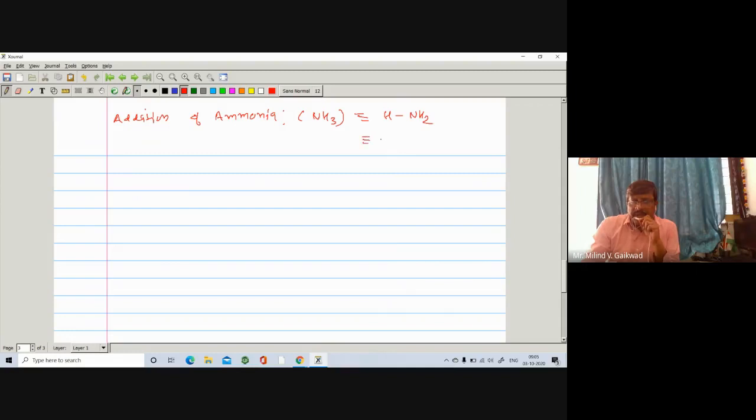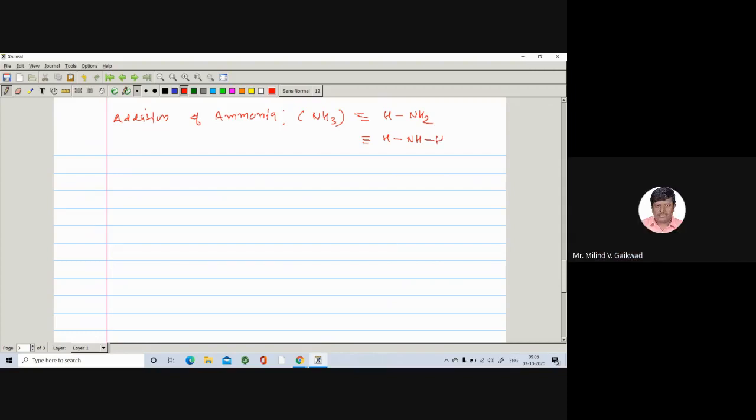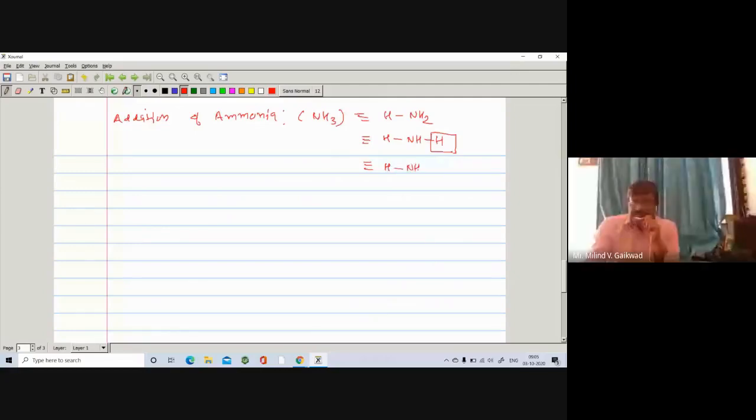We can also write like this one, NH and H, right? And H, I can replace by a group called G in general, NH and here is a G, right? Addition of ammonia.